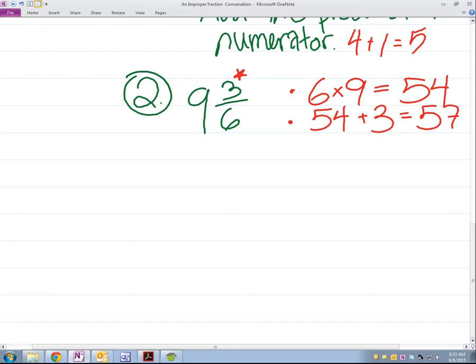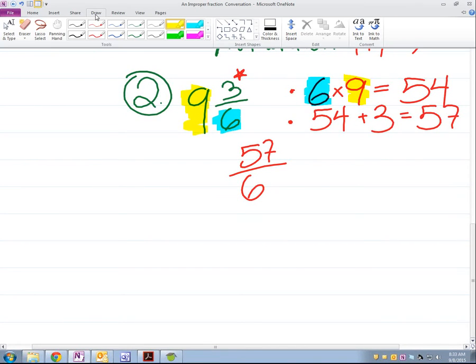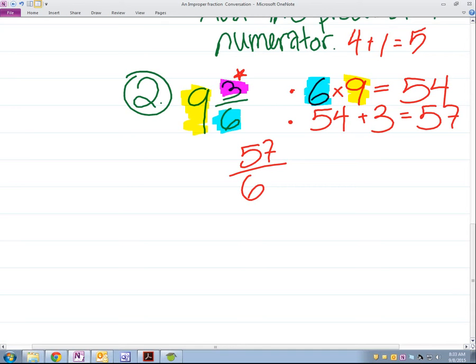So the new improper fraction is 57 over 6. I took 6 here, here's that 6. 9 here, here's that 9. And the 3 I got from right here.